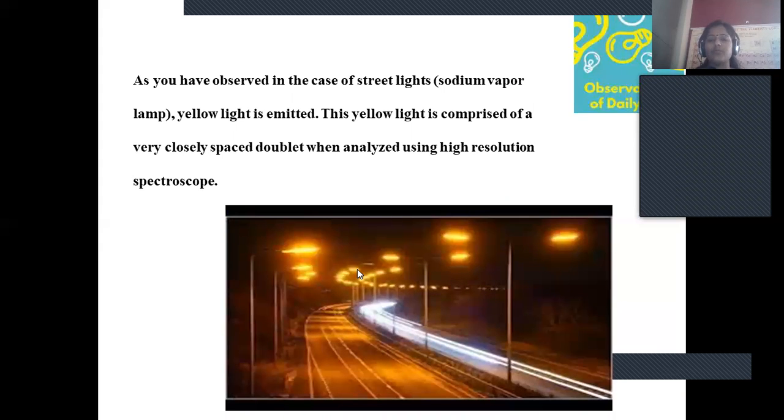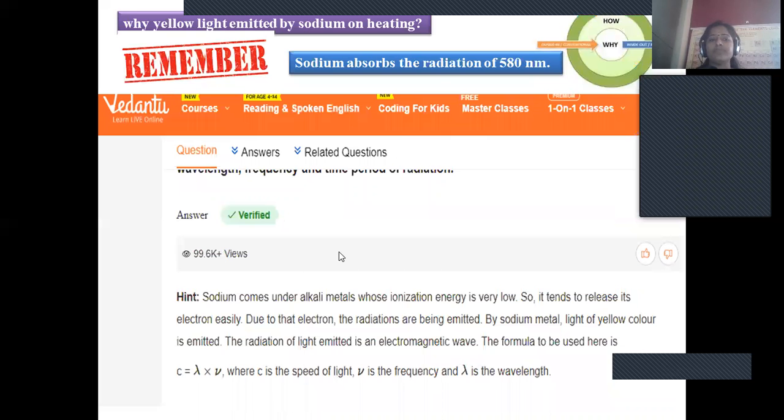Bohr's model purely depends upon the line spectrum of a given element. In the similar manner, sodium also exhibits a line spectrum. When we increase the resolution of the spectrum, what happens? You can find the doublet. Because of that doublet, it gives the yellow color light in this region.